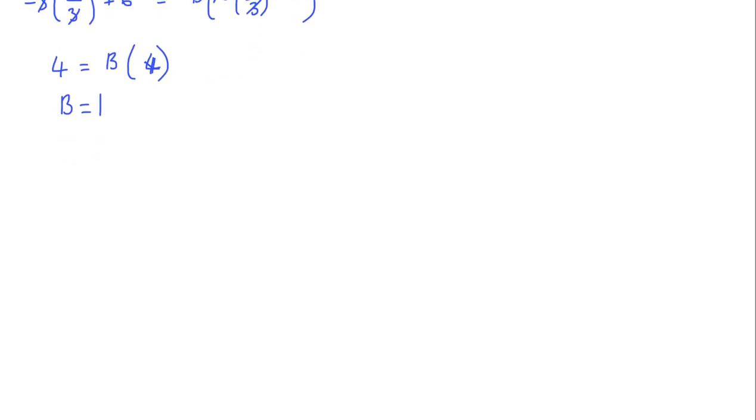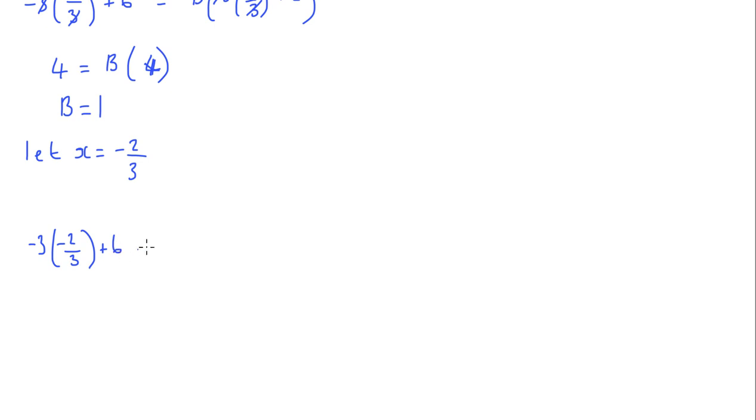And if we let x equal negative 2 over 3, that will allow us to find a. We'll have minus 3 times minus 2 over 3 plus 6 is equal to a lots of 3 times minus 2 over 3, take 2.